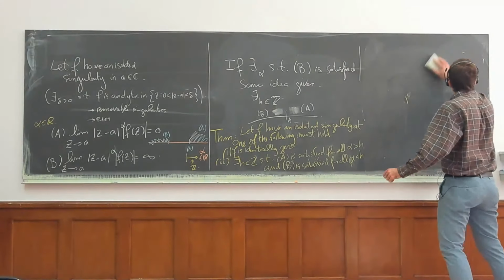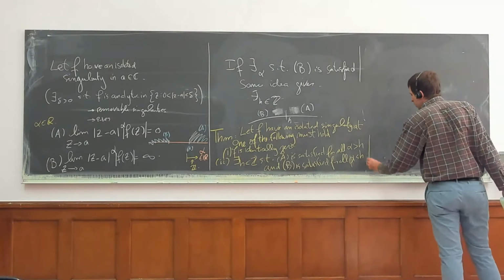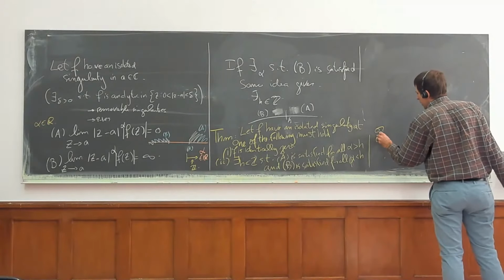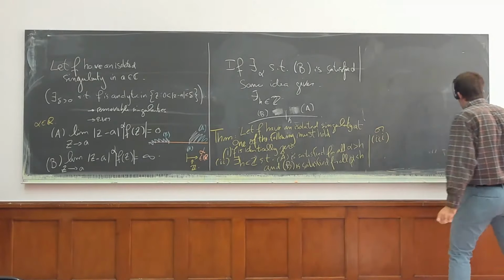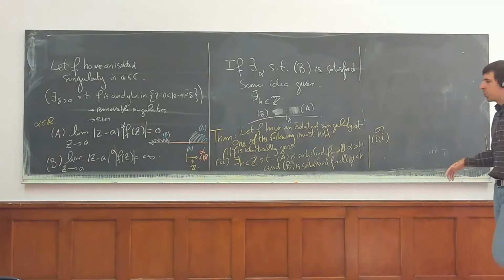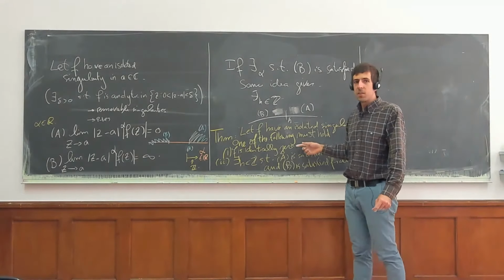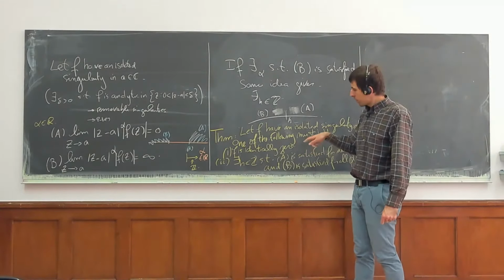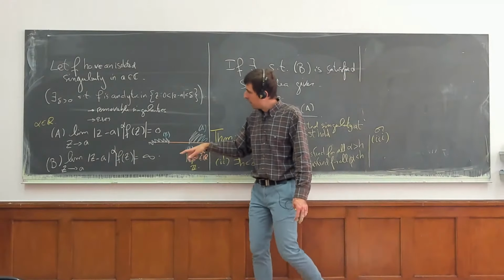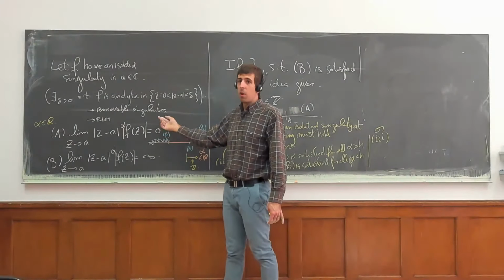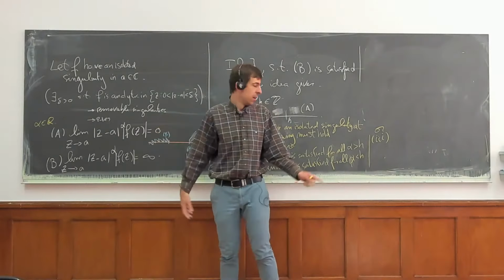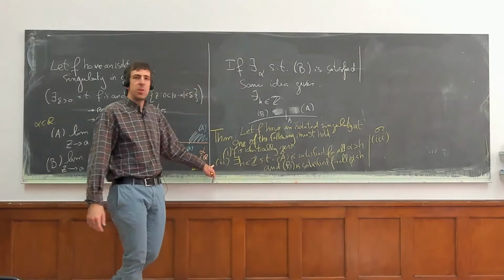I'll erase everything. Okay, so what might happen, right? We saw that if f is not identically 0, and either one of these is satisfied for any alpha, then we must be in world number 2.